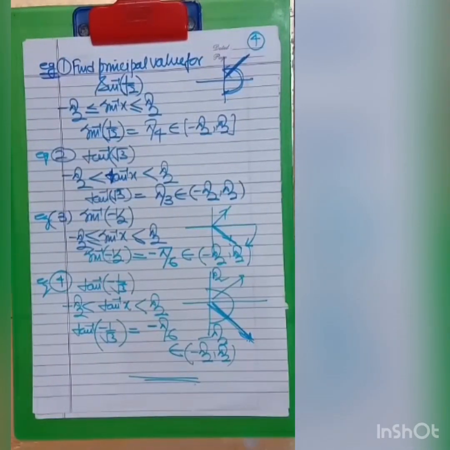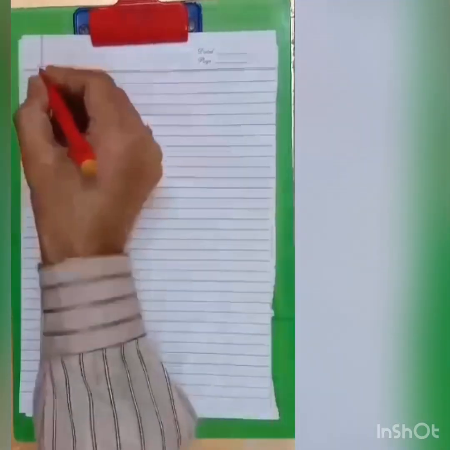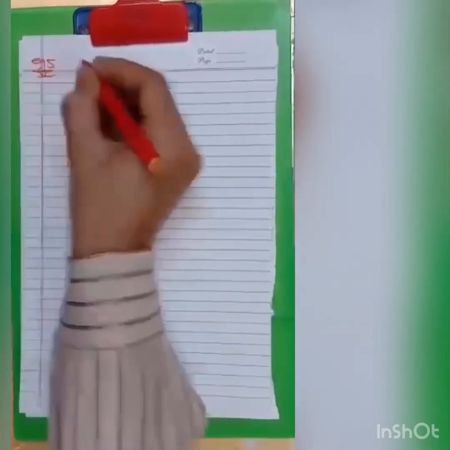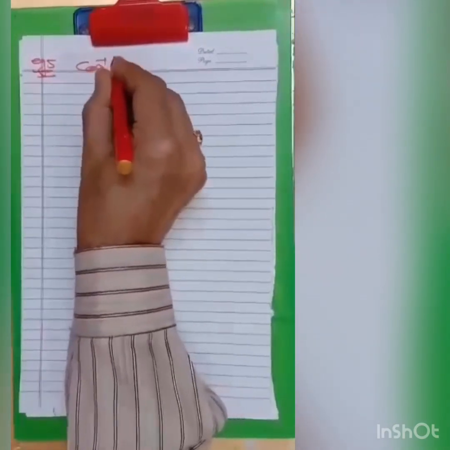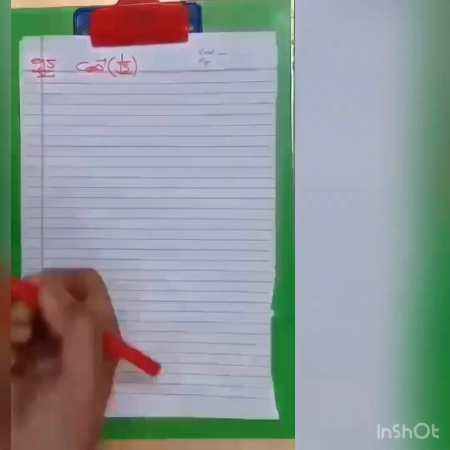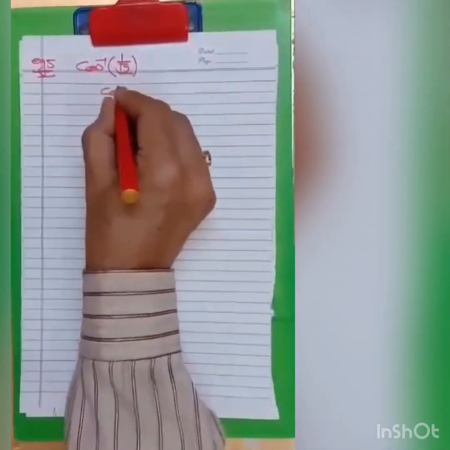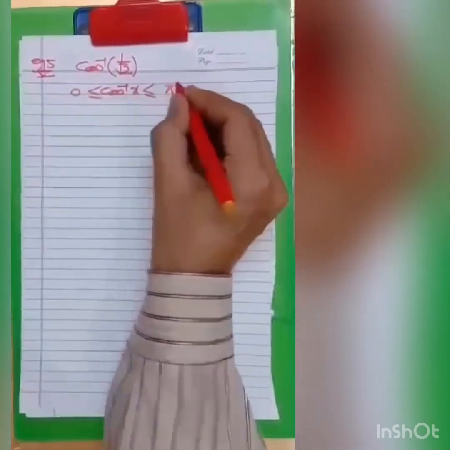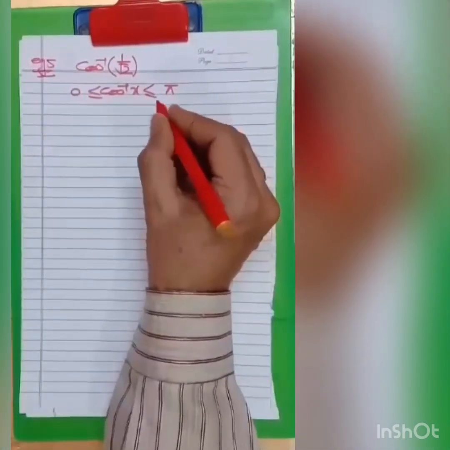Please learn it carefully. Now dear children, come to the case when you have cos. You have cos inverse 1 by root 2. How can we find the value of this? As we know, cos inverse is lying between 0 to pi, as I told you in the previous lecture.